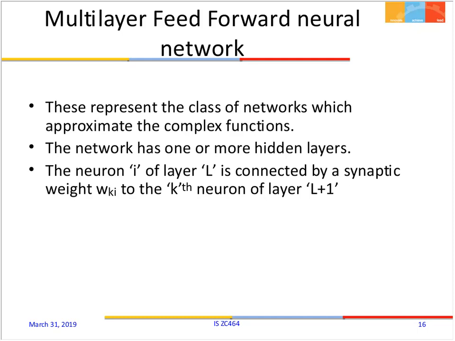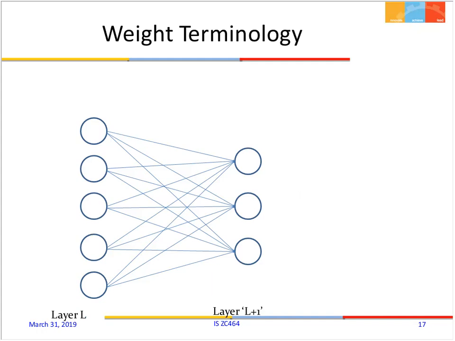The neuron I of layer L is connected by a synaptic weight WKI to the kth neuron of layer L plus 1. So it is just a notion of representing the weights. This we could touch upon, but we could not talk much in detail. So W21. Why should it be 2?